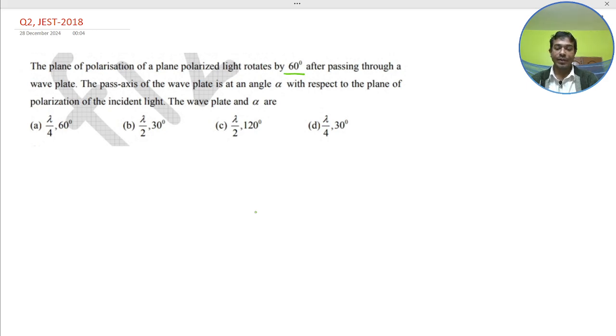So the theory says that when plane polarized light is incident at the pi by 4 plate, it converts into circular polarized light. We did this in previous questions, whereas pi by 2 plate. So here the given 60 degree means twice alpha, because of this angle.